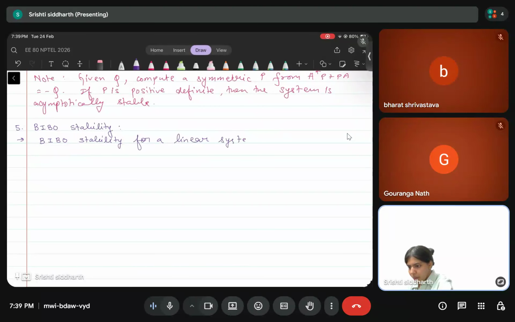Since we are talking about input and output in BIBO stability, we need the whole state equation, right? x dot equals Ax plus Bu and y equals Cx plus Du.